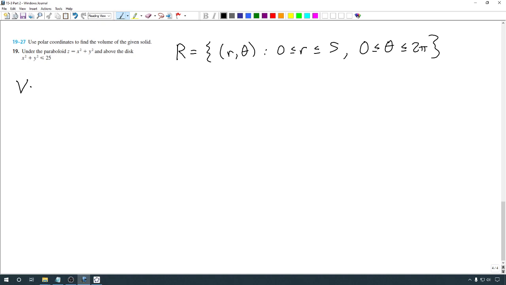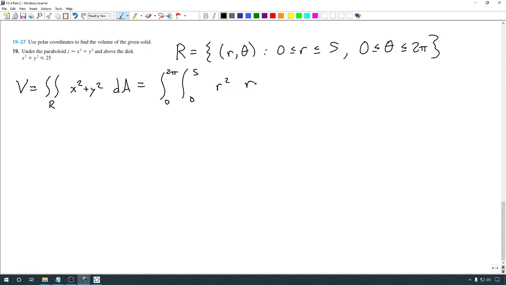So our volume, which of course is the double integral over this thing of our function here, is just x squared plus y squared. In polar coordinates, we have 0 to 2 pi for our theta. We have 0 to 5 for r. Our function here, remember, x squared plus y squared is equal to r squared. So we have r squared for that part.